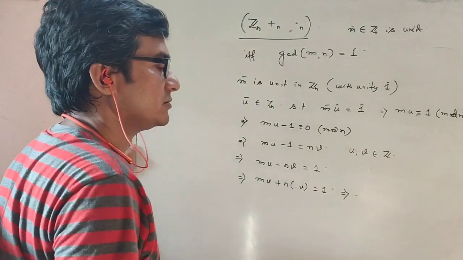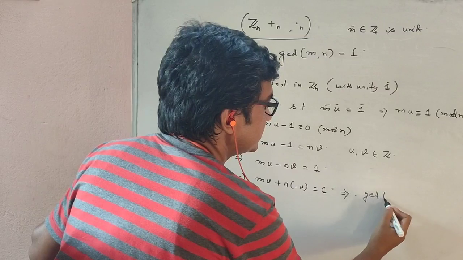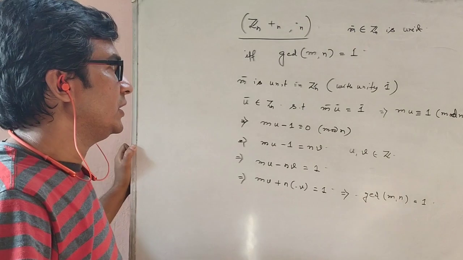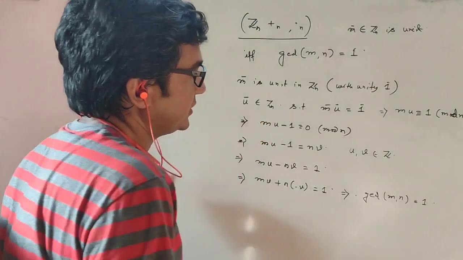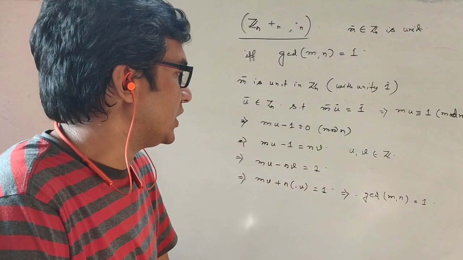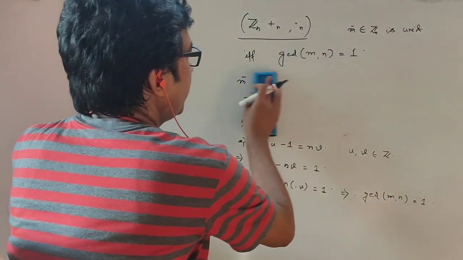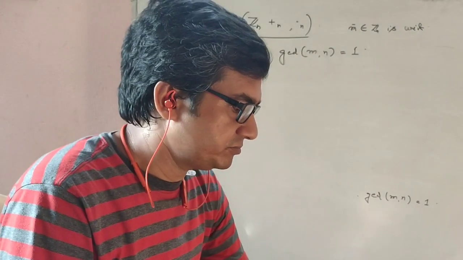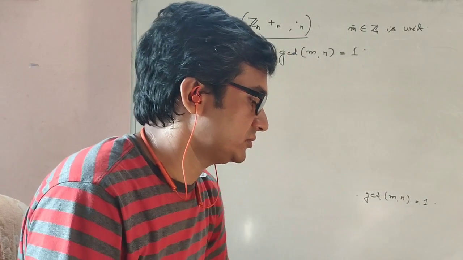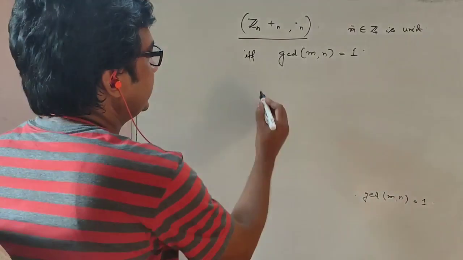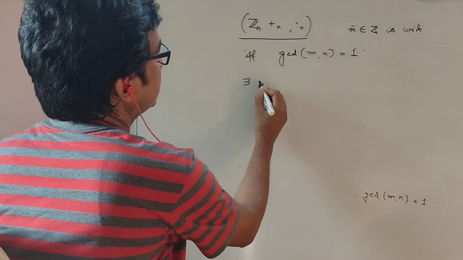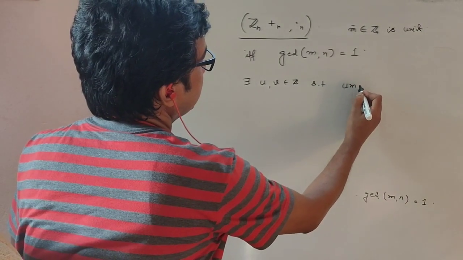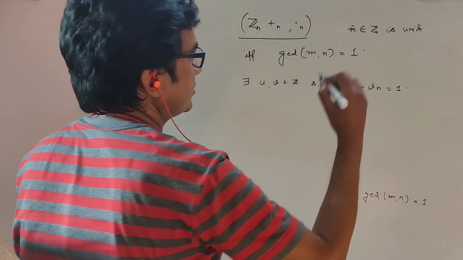This relation gives GCD of m, n equal to 1. Okay, now we let GCD of m, n equal to 1. If GCD of m, n equal to 1, then there exist u, v belongs to Z such that um plus vn equal to 1.